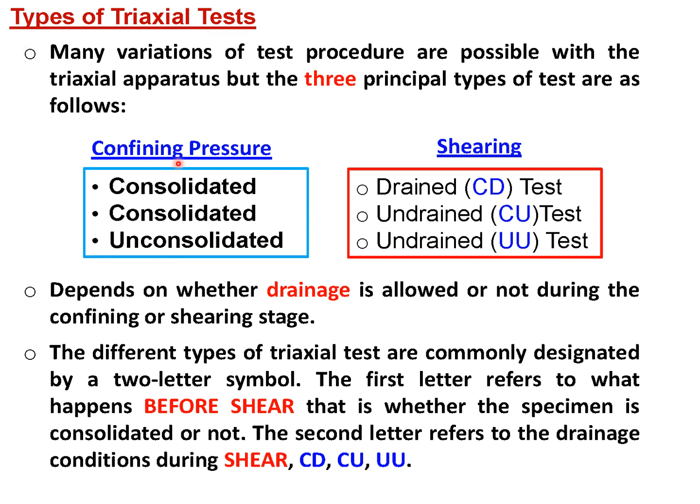Different types of tests are available: CD test, CU test, UU test. You are familiar with that. You have performed such tests in the laboratory at the undergraduate level. UU is the unconsolidated undrained test, CU is the consolidated undrained test, and CD is the consolidated drained test.